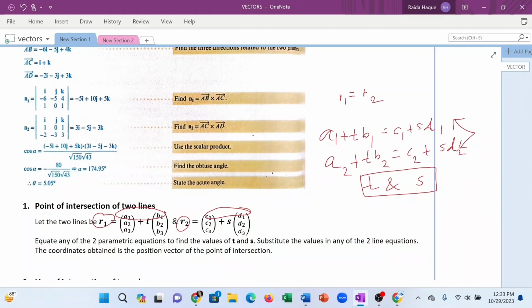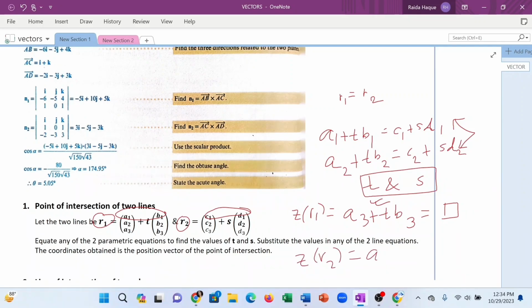So once you have found the value of T and S, what is the z of R1? It is A3 plus T B3. The only variable we had over here is T. So if you find the value of T, you will get a value. Then what is the z of R2?